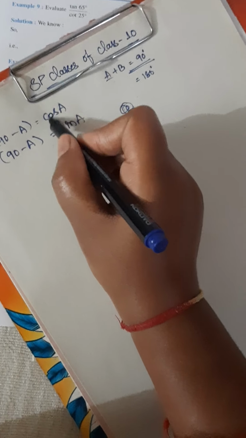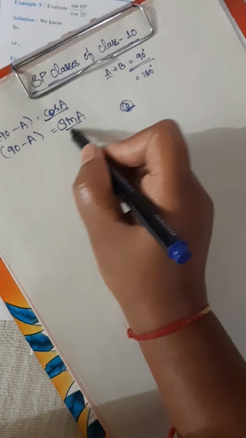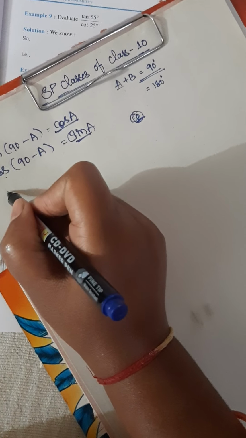Here sine has no co, so we changed it to cos. Here cos has the co, so we change it to sine, meaning we change the co form to the form without co. That's just the logic.